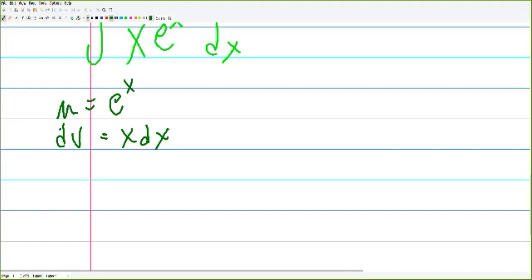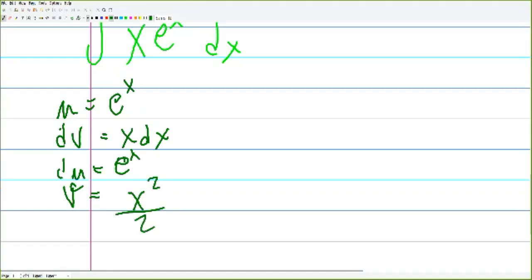Differentiating u, we have du, which is equal to, guess what, e to the x. And integrating dv, we have v, which is equal to x squared over 2.